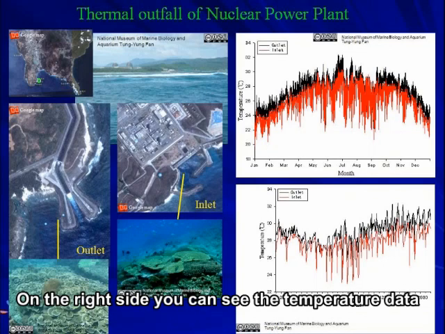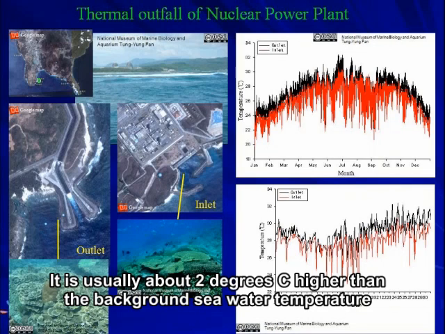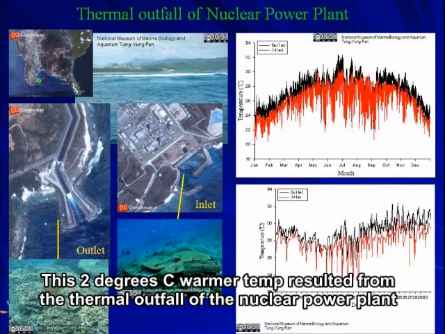On the right side, you can see the temperature data. The outlet seawater temperature, as shown in the black line, is usually about 2 degrees C higher than the background seawater temperature. This 2 degrees C warmer temperature results from the thermal outflow of the nuclear power plant.